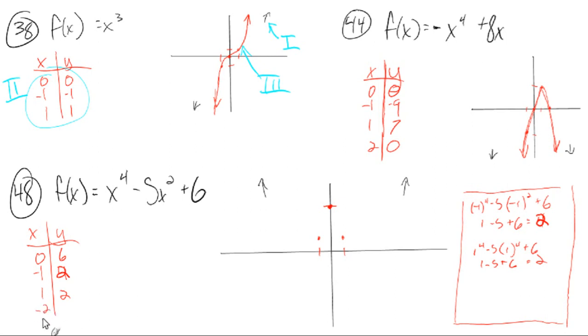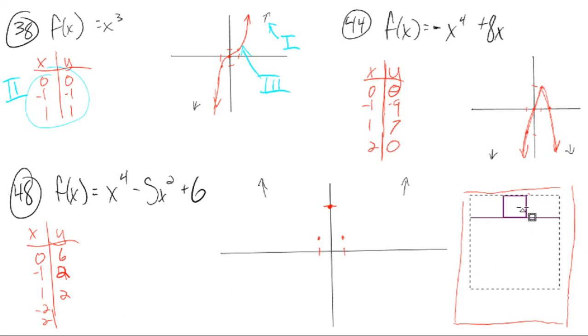So let's try 2 and negative 2. Let's see what happens there. So let's get rid of this previous scratch and do some new stuff. Negative 2 first. Negative 2 to the 4th minus 5 times negative 2 squared plus 6.